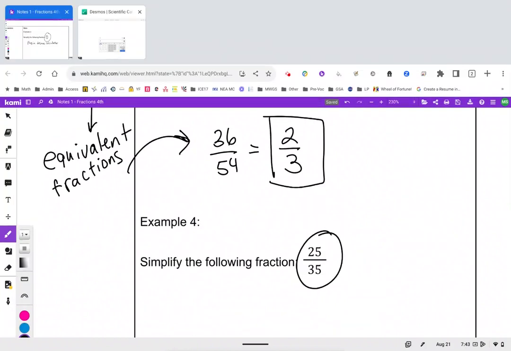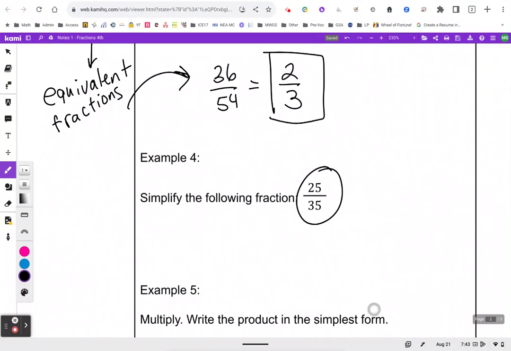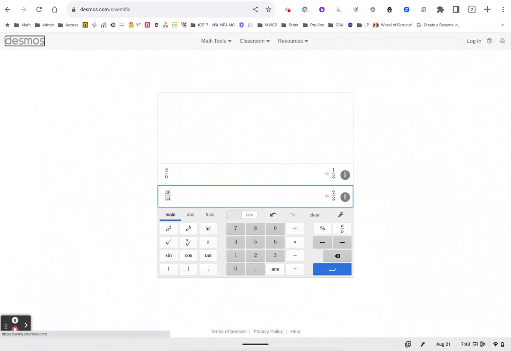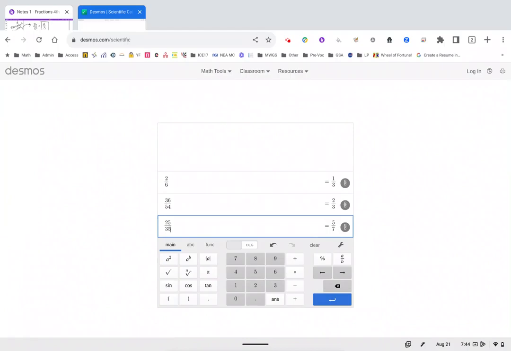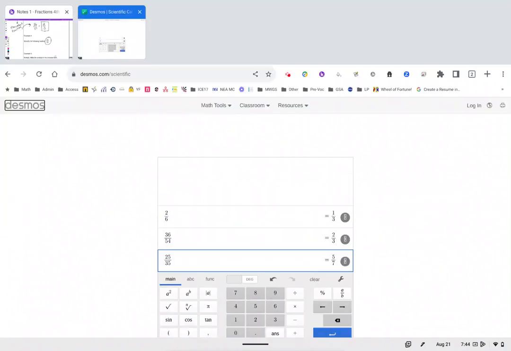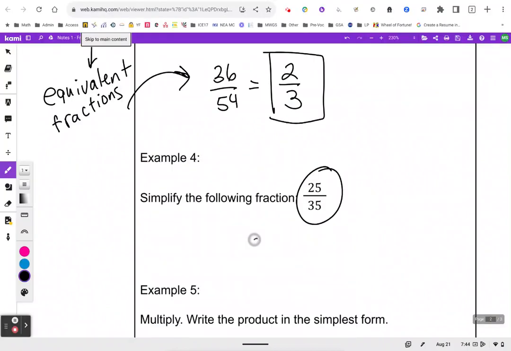I'll type it into Desmos so you can see: 25 divided by 35. I get 0.71. Click on the fraction button, I get 5/7. So that simplified is 5 over 7. And I'm going to put a box around it.